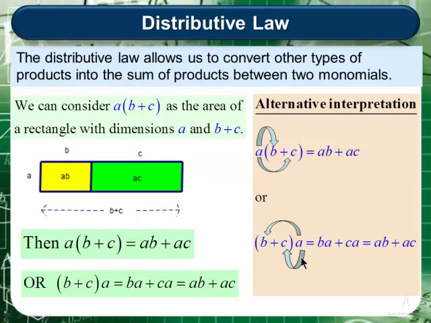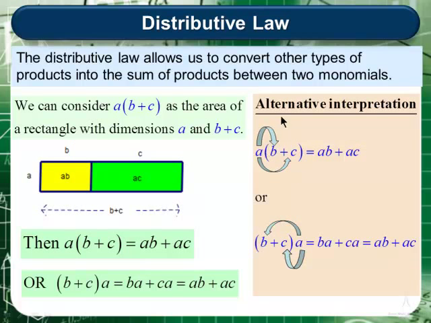And in the same way we can represent this expression as the sum of two products, namely BA plus CA as indicated on the screen. And by the same commutative rule, since we may swap the two factors around within the terms, we see that this is also equal to the expression AB plus AC.